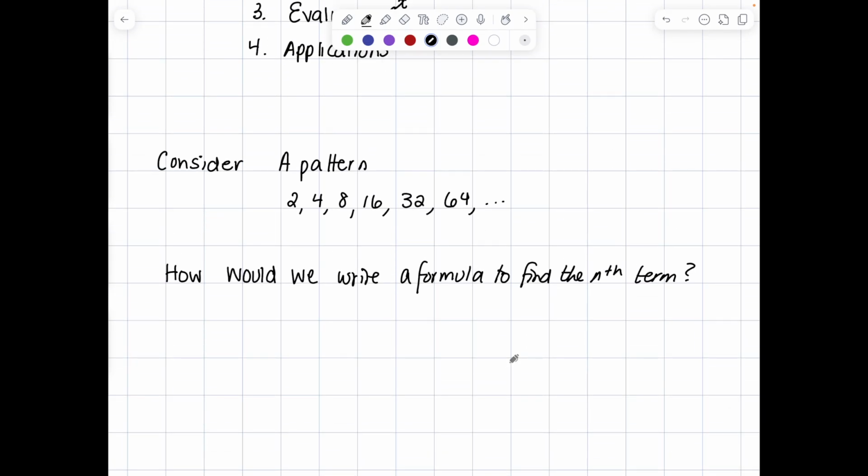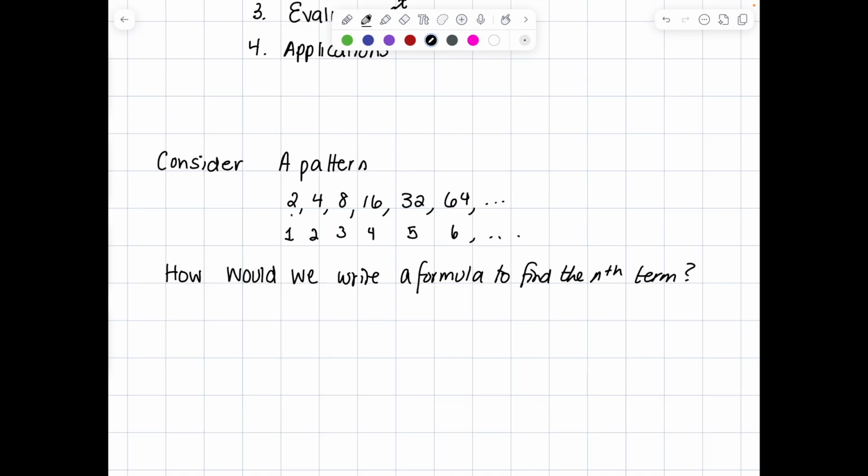Alright, so consider this pattern. We have 2, 4, 8, 16, 32, 64, and if we're given these as our y values, we want to find a function that represents them. Whenever we're given a pattern, we always start with our x values as 1, 2, 3, 4, 5, 6, and so forth.